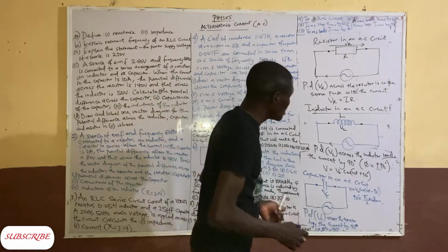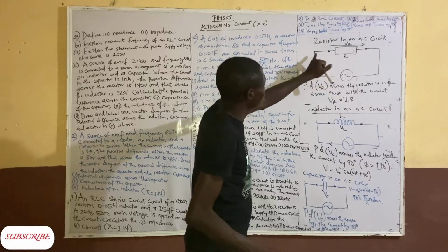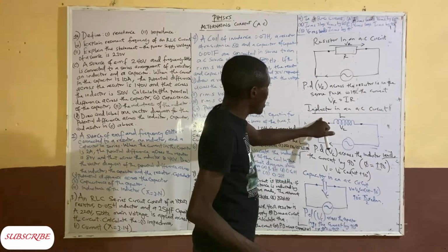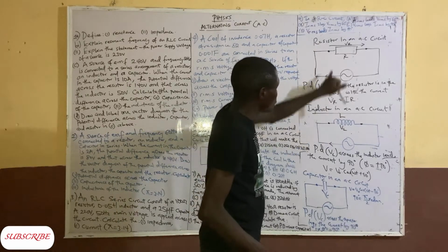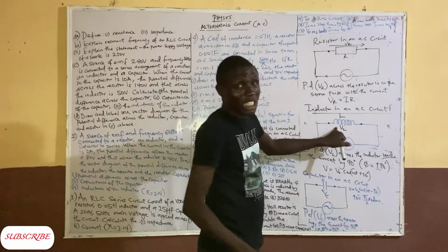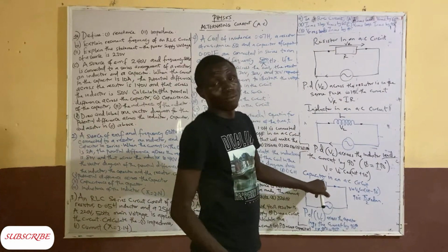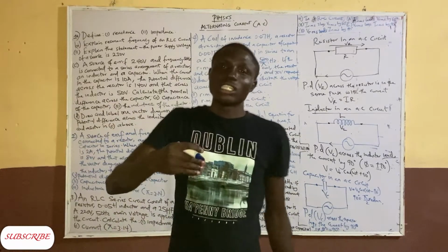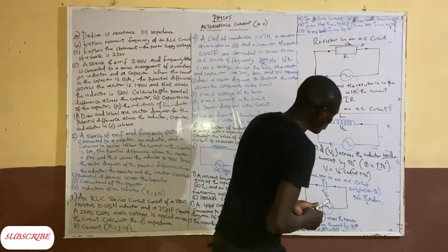So that's that. Now, this voltage in VR, the voltage in the resistor, which is VR, the voltage in the inductor, which is VL, and the voltage in the capacitor, which is VC, can be represented by a vector diagram, which I will manage and draw here.